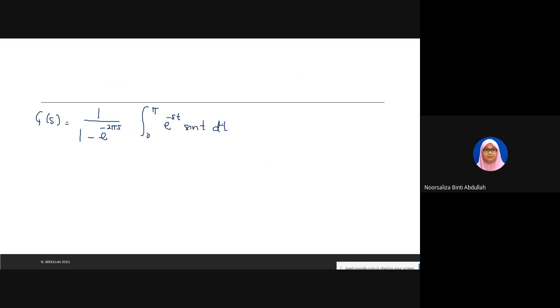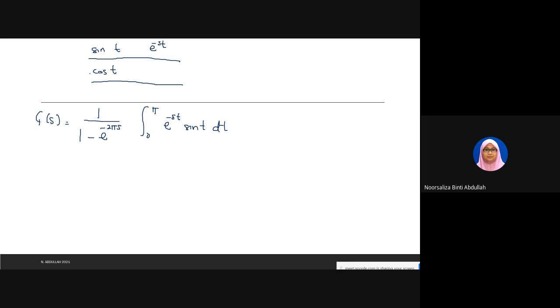Okay, ini you nak kena pakai kaedah apa? Tabular method. You use tabular. You have sin t here, and then you have exponent minus st. You differentiate sin t, awak dapat cos t.